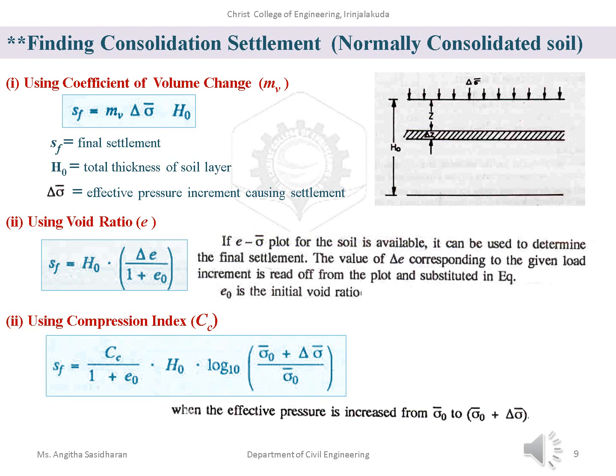So coming to the mathematical expressions that are very important in finding the consolidation settlement. We have come across the various conditions that differentiate soil as normally consolidated, over consolidated, and under consolidated. Over consolidated soil is already fully consolidated. Even if you apply some consolidation force over that, it may not be much affected.